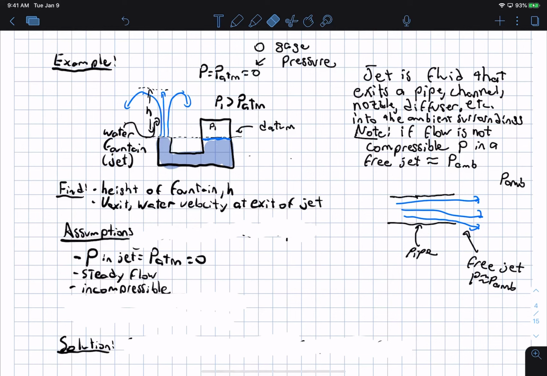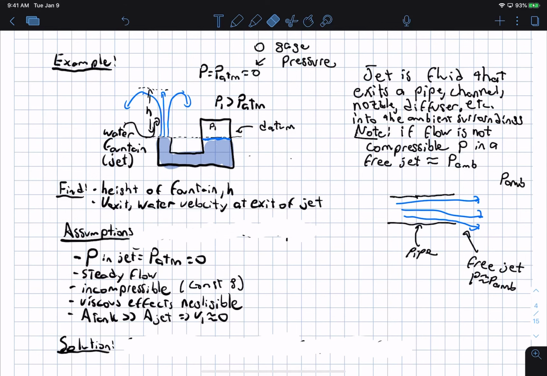Okay, we'll assume that the flow is incompressible, which means constant rho. And we'll assume that viscous effects are negligible, and we'll assume that the tank area here is much larger than the exit of the pipe, and that basically justifies the very slow motion of the surface here.